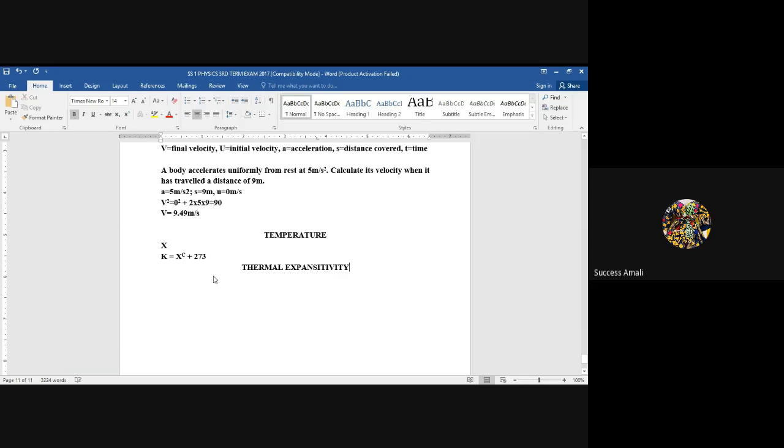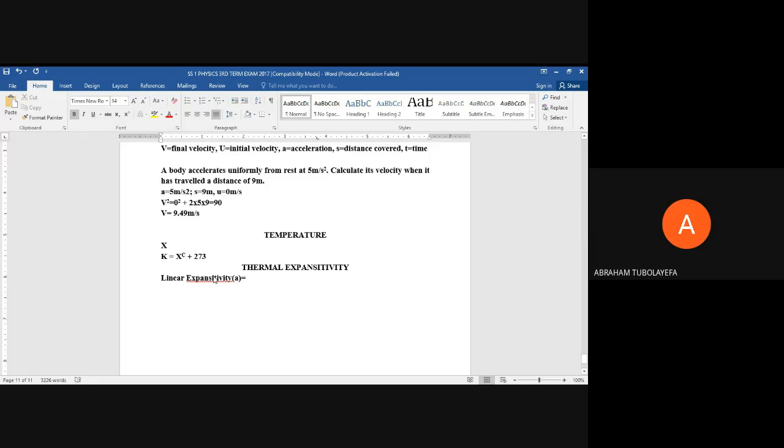And if it is linear expansivity, denoted by alpha. I can't write out the symbol, but I know the symbol of alpha.